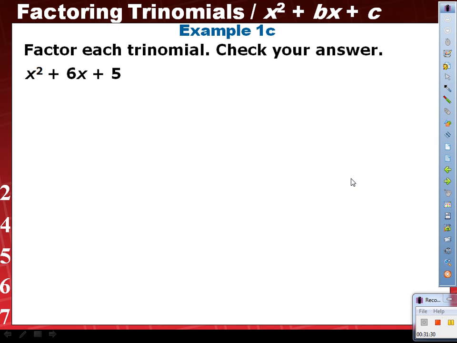Okay, do this one. Example 1c. Let's see how you do. X squared plus 6x plus 5. 30 seconds.